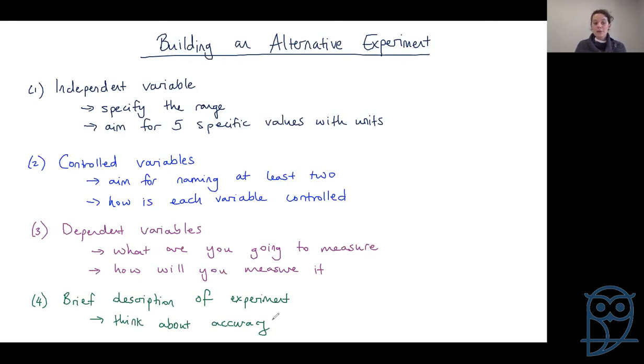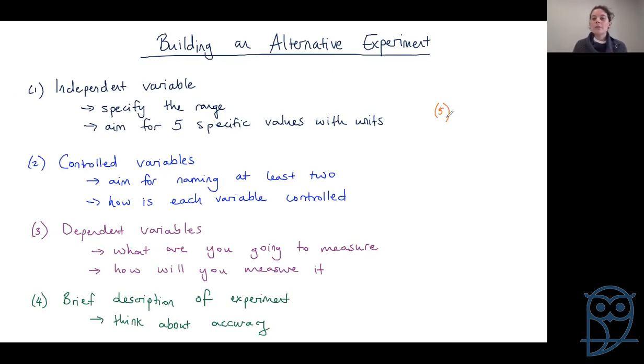So here we've got our four things, and we've kind of built our experiment. So what are those other two things that you must always consider when it comes to building an alternative experiment? We're going to fit them on here somehow. So, number 5. The thing that you want to always remember: we said accuracy, and I briefly mentioned reliability.